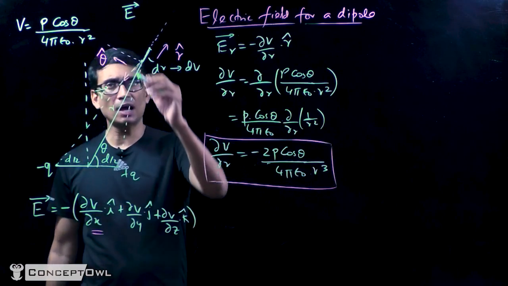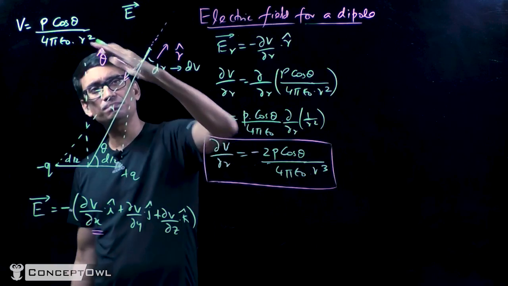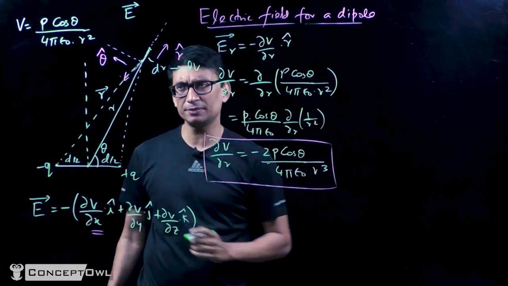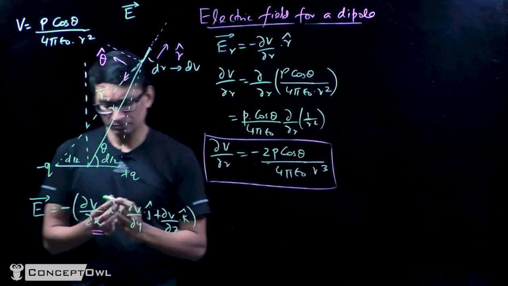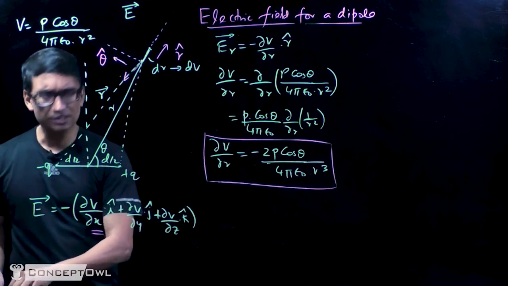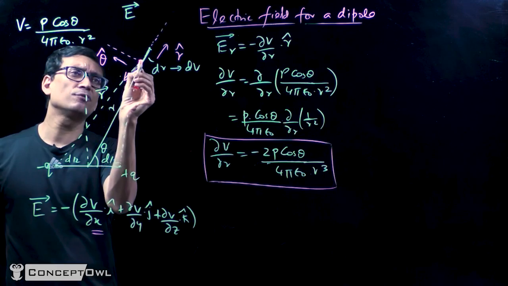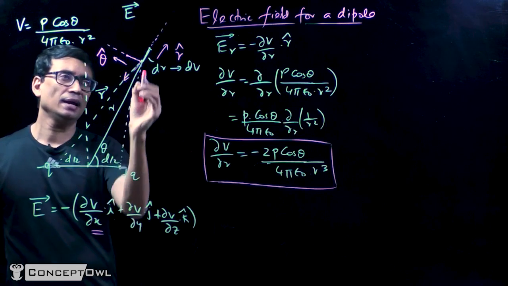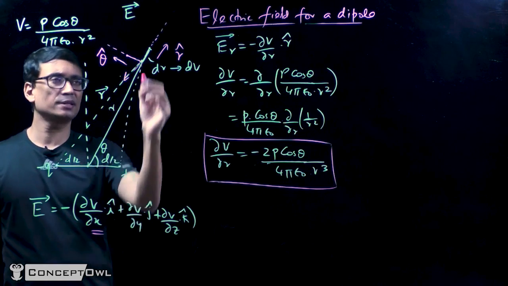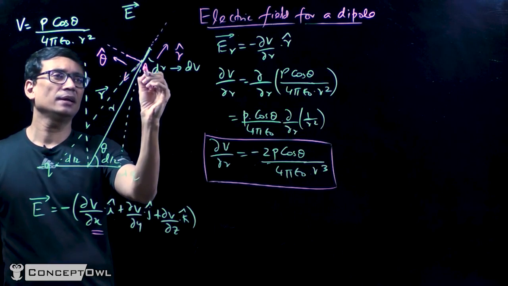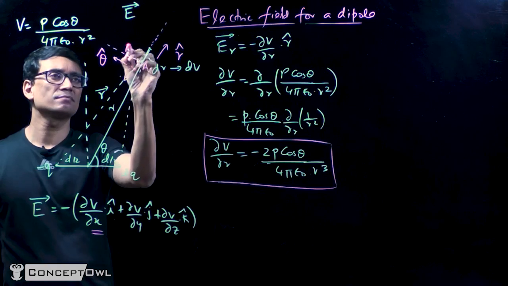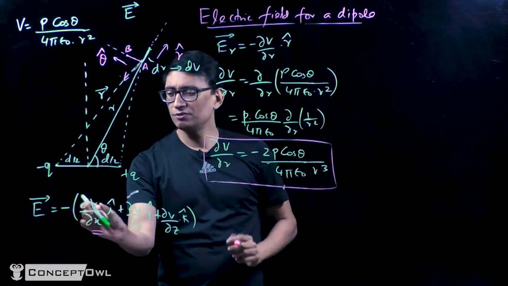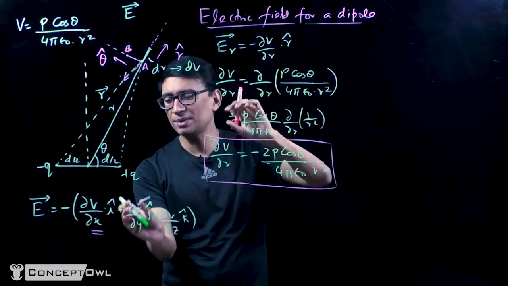Now let's look at how I will find the perpendicular component. It involves a little more thinking, so let me help you with that. Let us say I go from here and cover a small distance. Let me call this point A, and this point B. Earlier we did the equivalent of del V by del X. Now I'm taking the perpendicular direction.